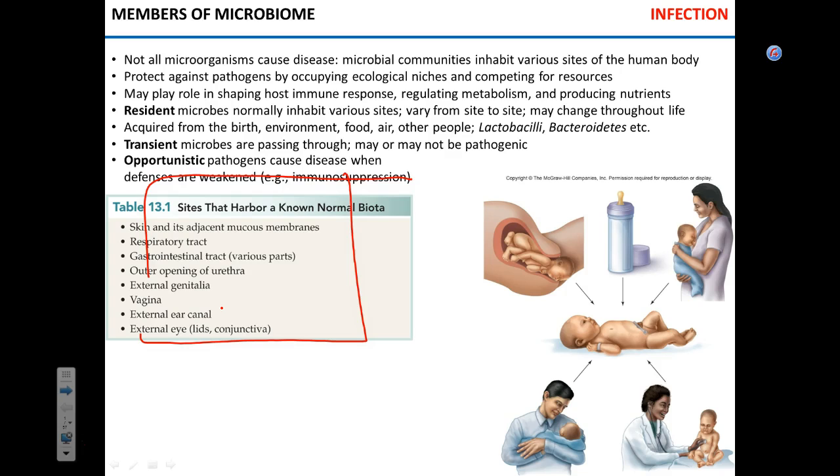Skin, respiratory tract. Now, if we talk about the respiratory tract, we talk about the upper one. Nose, pharynx, ears, yes.